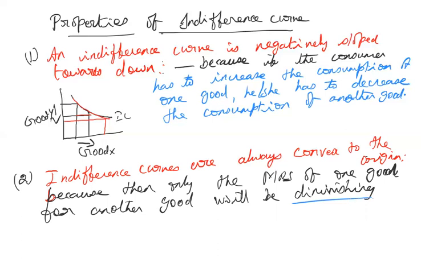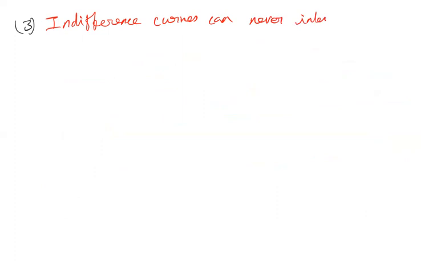Okay, then the third property of indifference curve is, indifference curves can never intersect each other. So why can they never intersect?